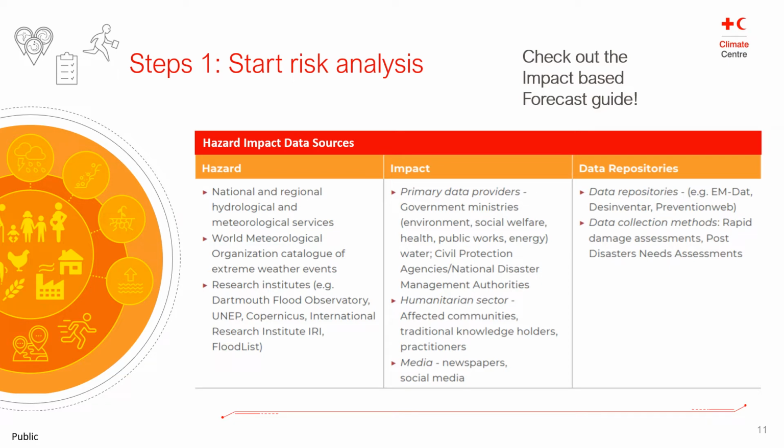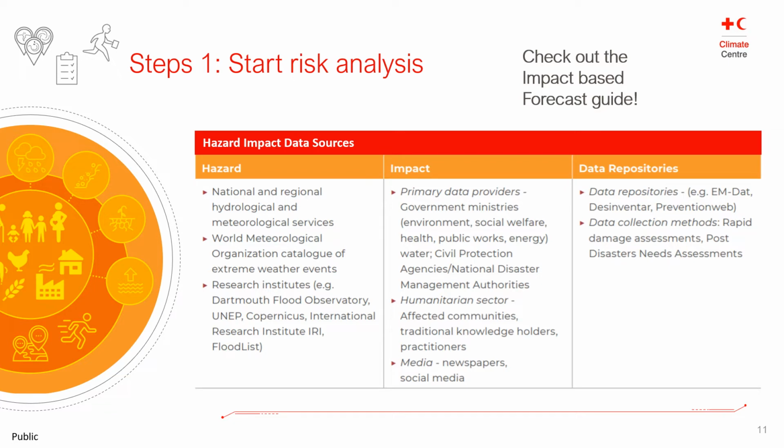In the impact-based forecasting guide, you will find these types of tables that clearly show the relationship between the hazard, the impact, and where the data repositories could be, where you will be able to find the information that can help you understand the picture of risk in a particular context and understand the history of past disaster events.